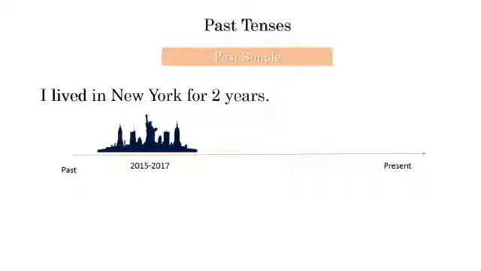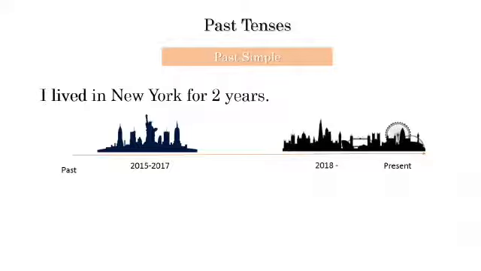This means that the person lived in New York from 2015 until 2017 for 2 years. What happened then? Then he moved to London. And now he lives in London.